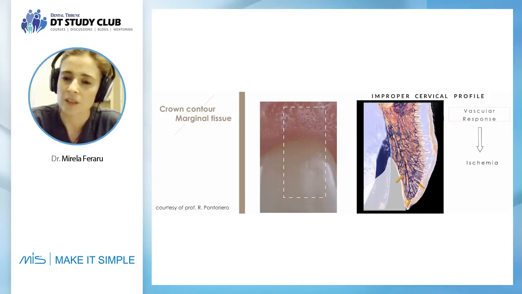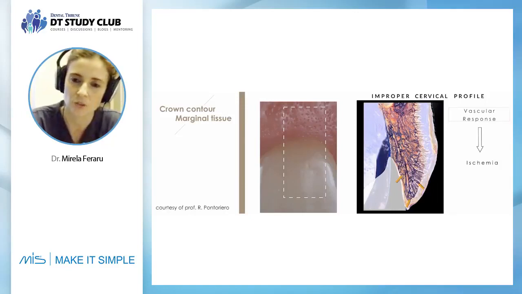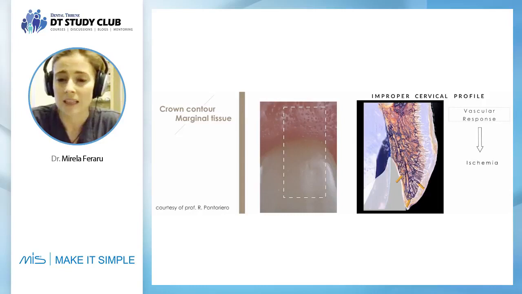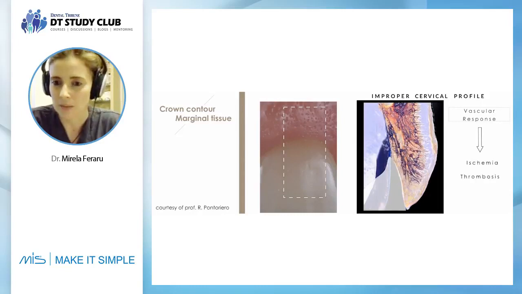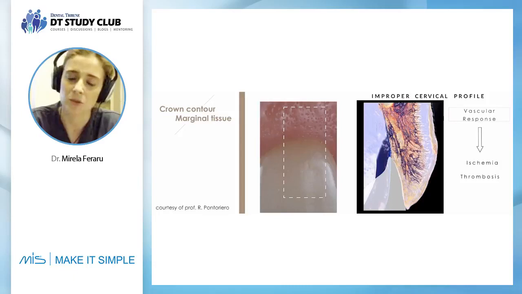Now, at this point, the tissues have two main options. According to the amount of connective tissue present, they can either adapt to this, you can call it an iatrogenic factor, to the new design of our ceramic restoration, and if the thickness is sufficient, they will be able to regain vascularization from the surroundings. In the case that this does not happen, like in thin biotypes, they will not be able to regain vascularization at the same position, so they will have to move more apically where they will find the blood supply.